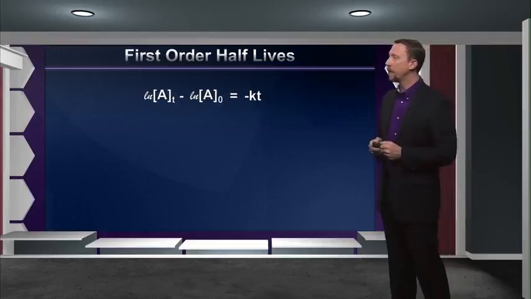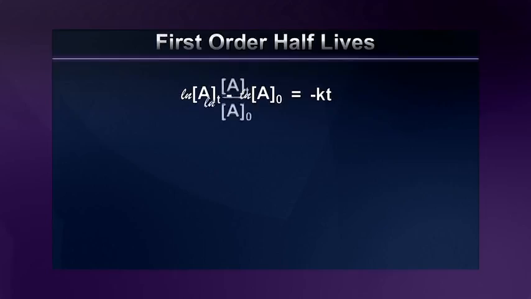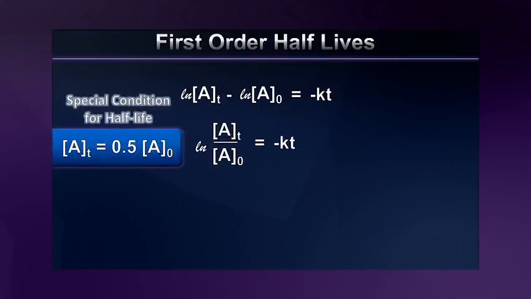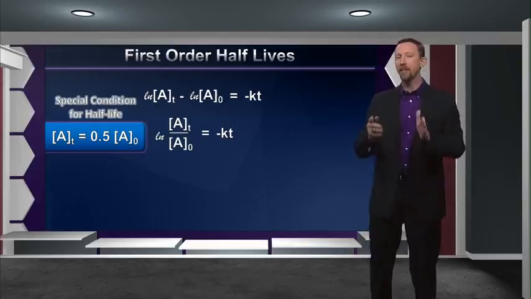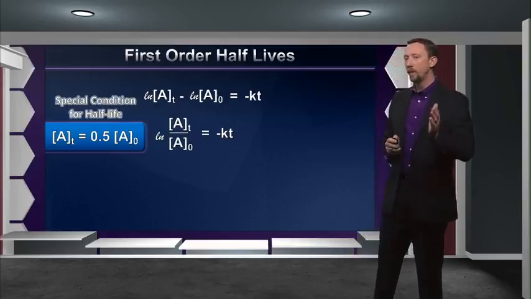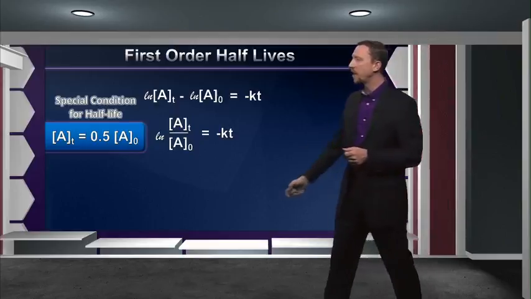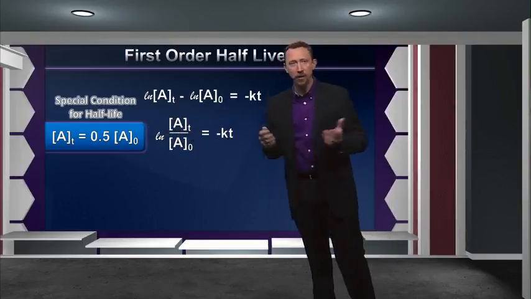Here's our integrated rate law. I'm going to rearrange that just a little bit using my rules of logarithms, right? Log A minus log B is equal to log A over B. And I'll bring down the other side of my equation for the moment without any changes. Now, remember, the special condition for a half-life is that the new concentration must be exactly 1/2 of the starting concentration. And we don't want to lock down exactly what that starting concentration is, so I've simply derived it in terms of A0.